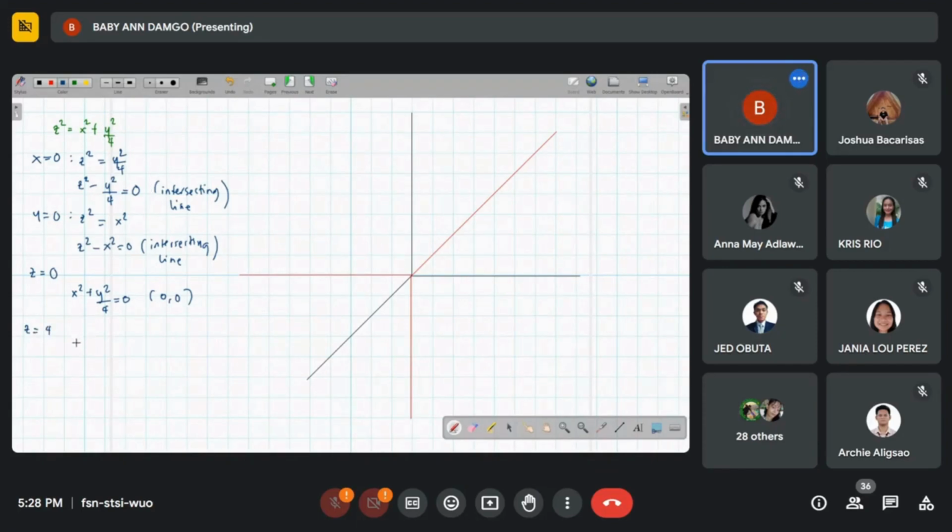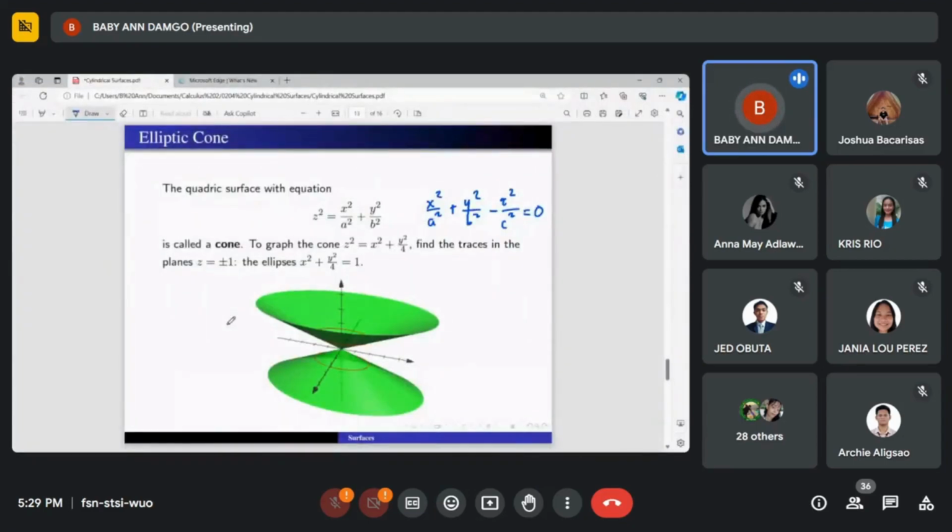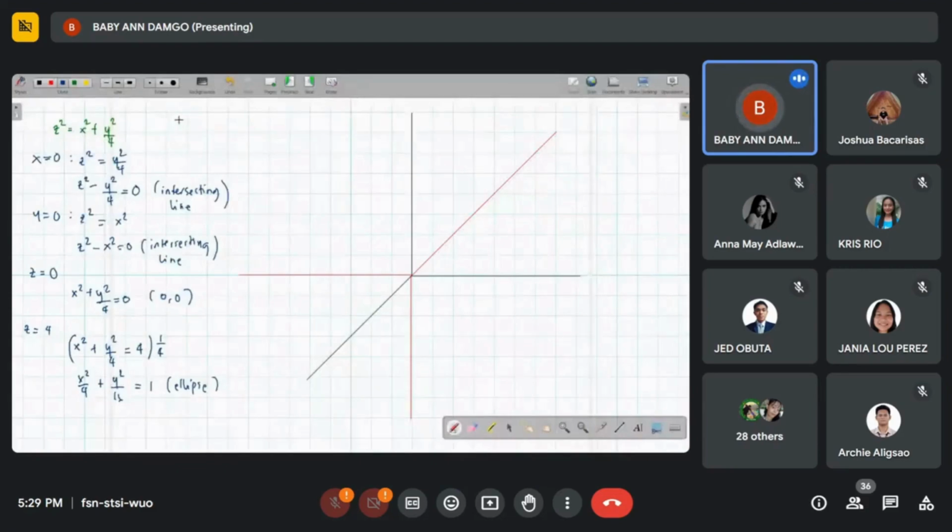So, we have x squared plus y squared over 4 is equal to 4. So, multiply both sides by 1/4. This is x squared over 4 plus y squared over 16 is equal to 1. In which, this is an ellipse. So, sa ganit term ani, this is an elliptic cone.